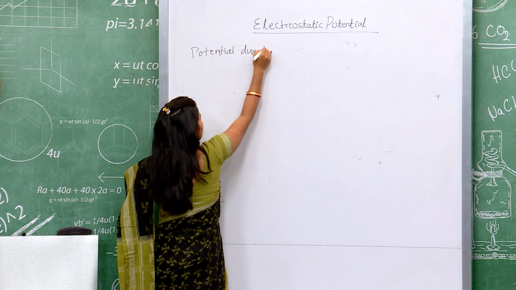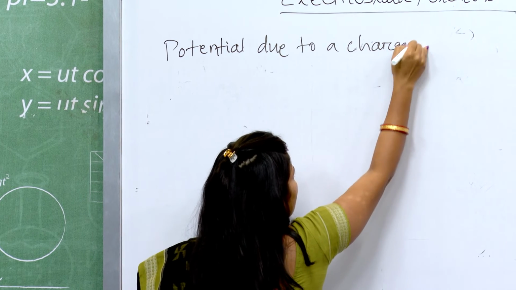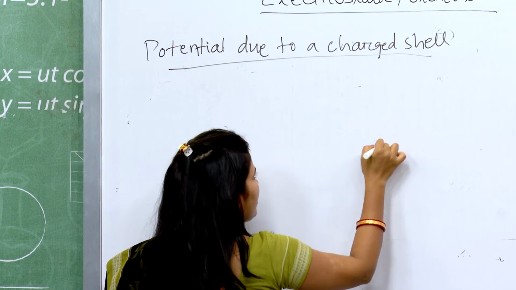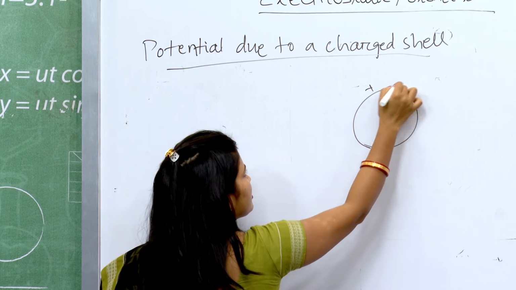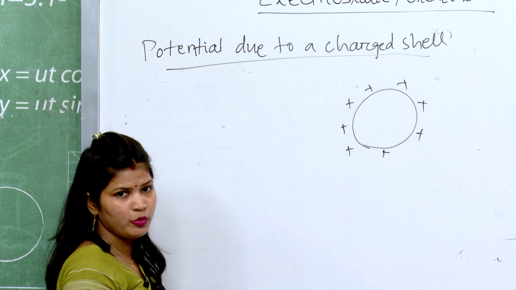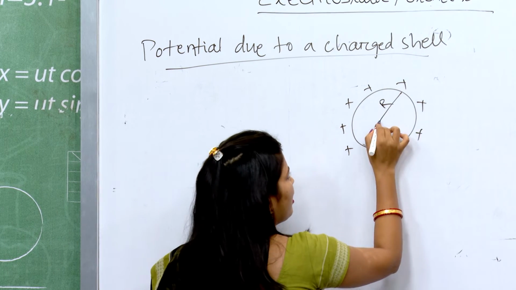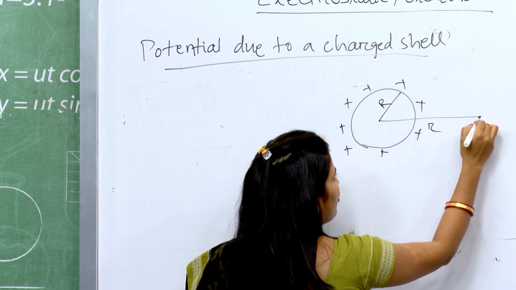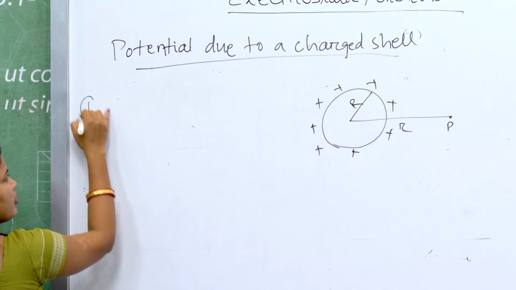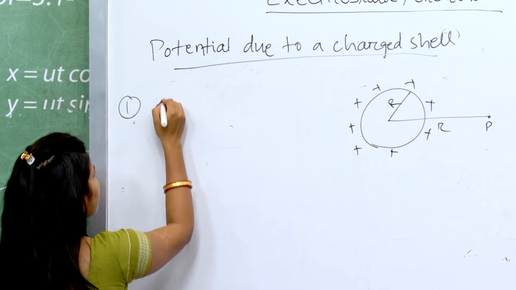Imagine a conducting sphere and the charges are distributed on the surface. You know that the sphere has radius capital R and at a distance small r at point P, you have to find out the potential. In case 1, suppose P is outside the sphere, then what is V?